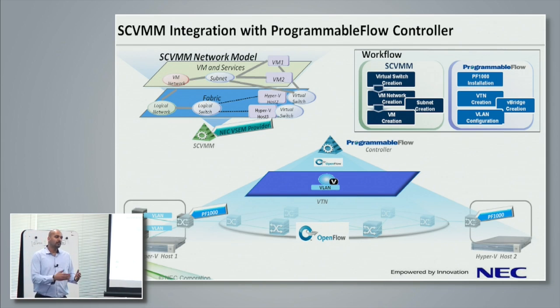Now, what happens if you move or migrate a VM from host A to host B? In that case, the VTN is still the same. We are not changing the VTN. We are just changing the location of the virtual machine. Since the VTN is managed logically, all the underlying switches are just going to send a new packet in from a different host. It doesn't matter.